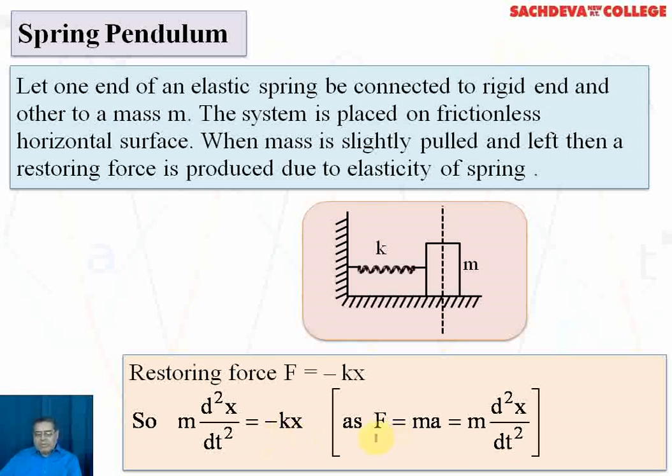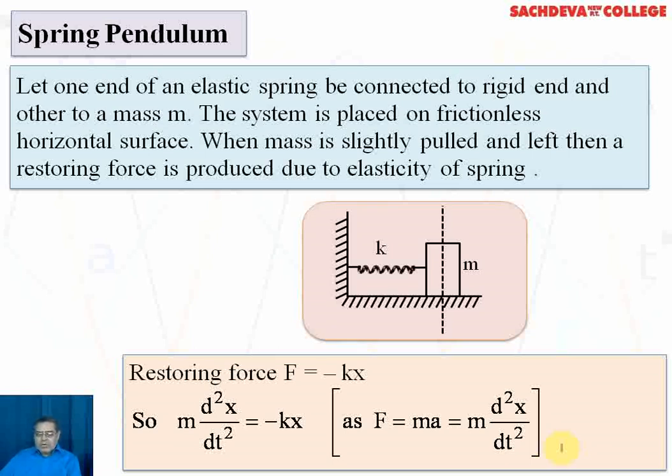So force can be replaced by mass into acceleration, and acceleration is taken as d square x over dt square. And in all, this will become minus kx. That is, m into d square x over dt square is equal to minus kx. Here k is the spring constant and x is the horizontal displacement, and the negative sign indicates that the direction of the restoring force and that of the displacement is always opposite.